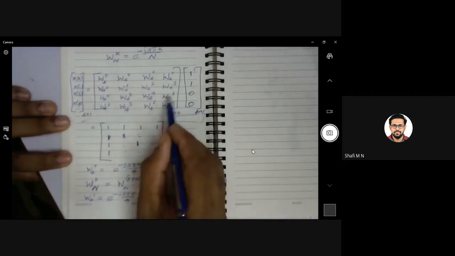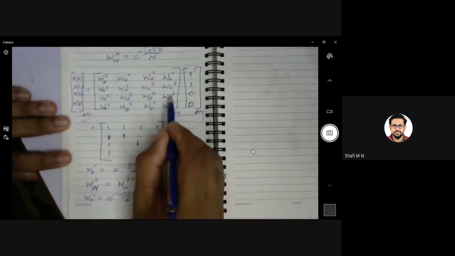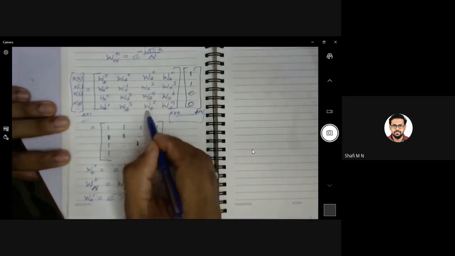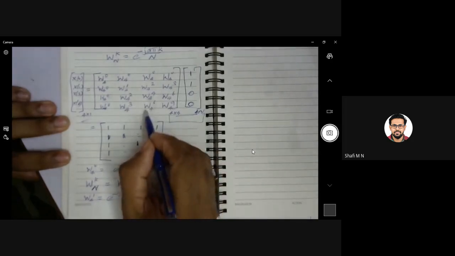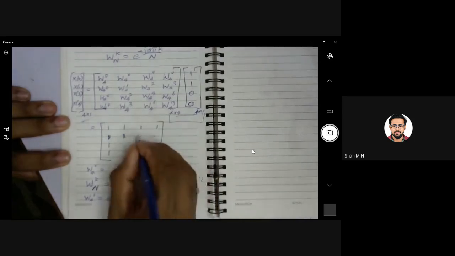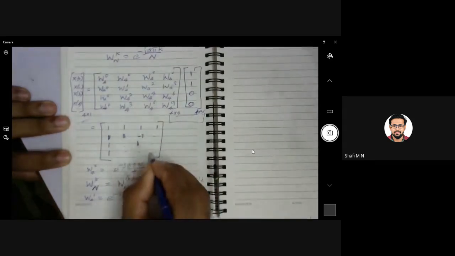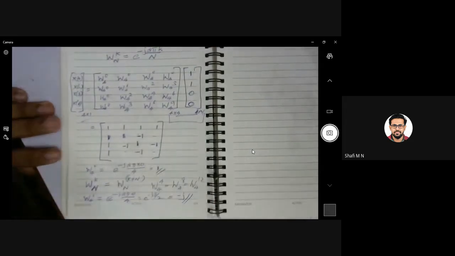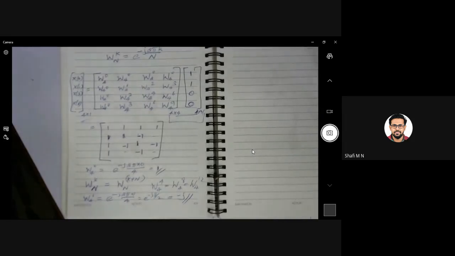See this value, it's W46, so this will be again minus 1. So you can fill minus 1 here, minus 1 here, minus 1 here, and minus 1 here. Right?